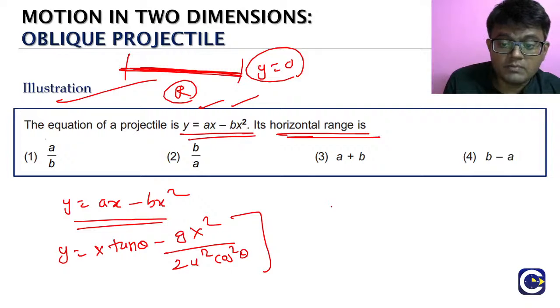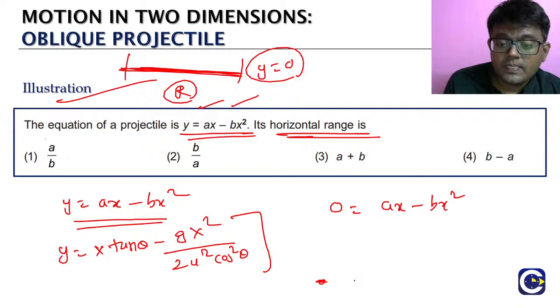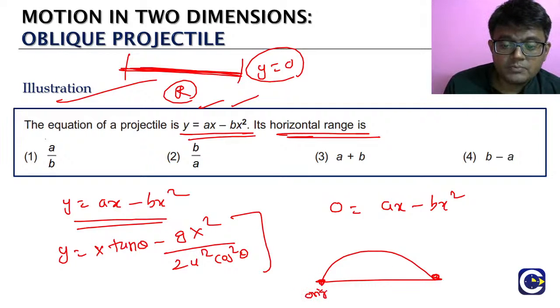In the equation, we can substitute 0 for y. Why do we substitute 0? Because when we talk about range, this is the origin, the starting point. When it comes back here, the x coordinate value is R and the y coordinate will be 0. So in the equation we can substitute 0 for y.